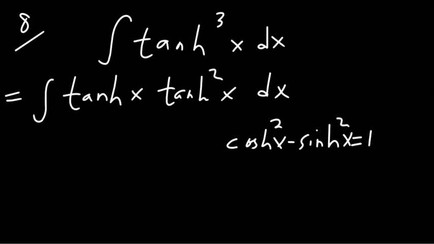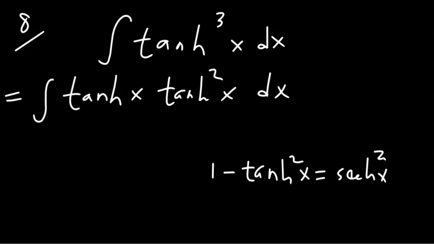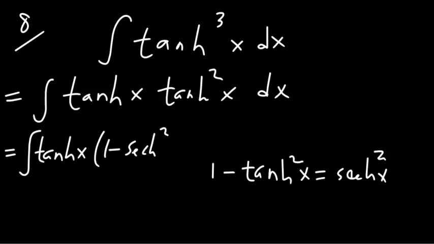So that means dividing this identity by the square of hyperbolic cosine of x, you will get 1 minus the square of hyperbolic tangent of x equals the square of hyperbolic secant of x. And we can use this identity to rewrite the integrand: hyperbolic tangent of x times 1 minus the square of hyperbolic secant of x dx.